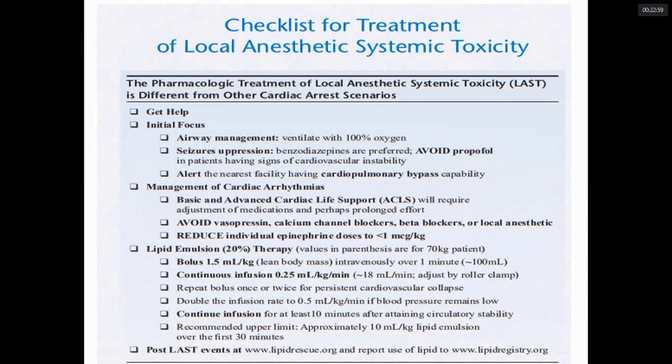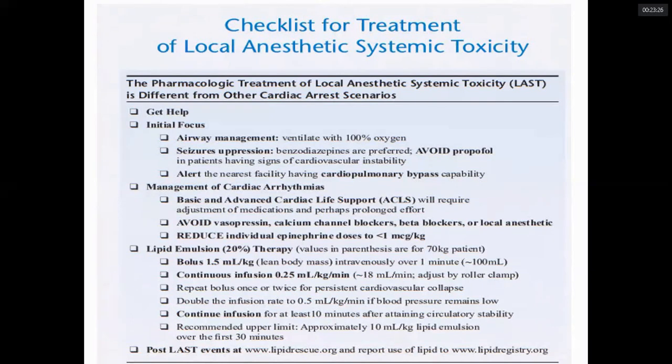And if cardiovascular collapse also occurs, then basic and advanced cardiac life support will be required. And avoid vasopressin. ACLS and BLS are activated, and if available, 20% lipid emulsion therapy. That should be given in bolus and with continuous infusion.